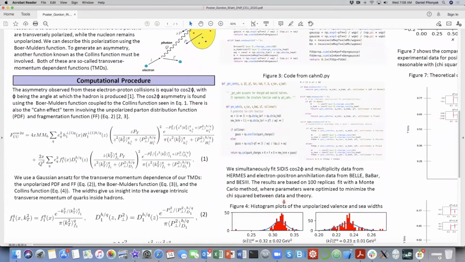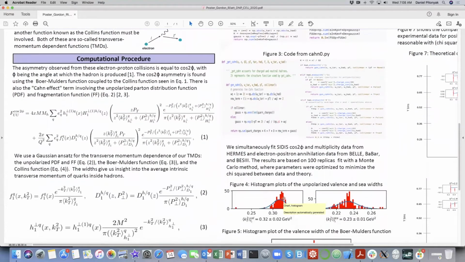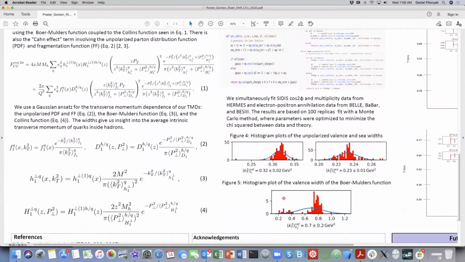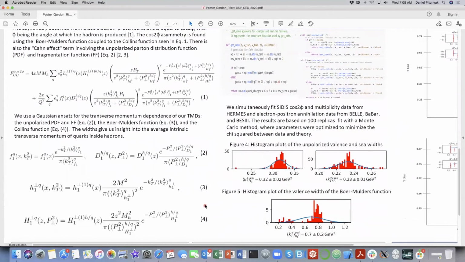Okay, yeah, and then looking at figure 4 and 5 now, we can talk about our fits. So we use the SIDIS and electron-positron annihilation data from various collaborations to fit our parameters of the functions for these polarized and unpolarized quarks. From these fits, we can extract how the quarks are moving inside of the proton.